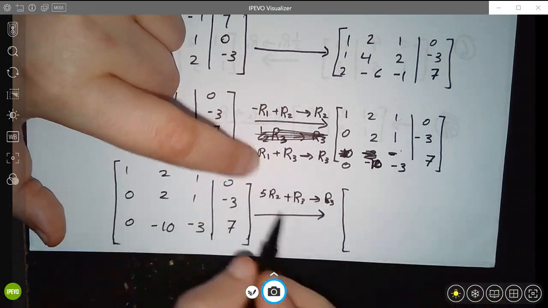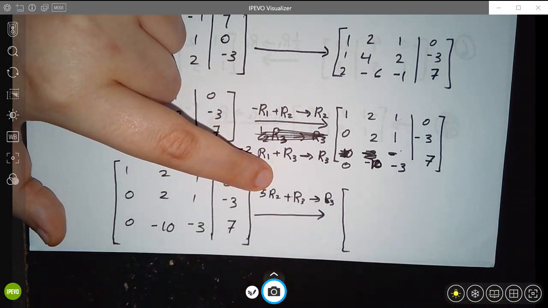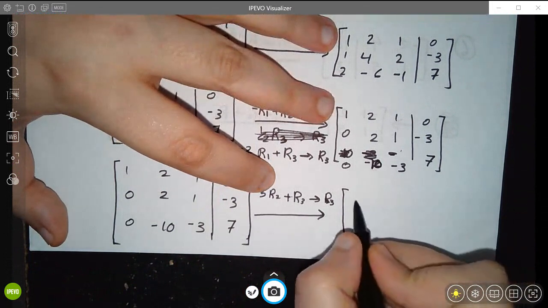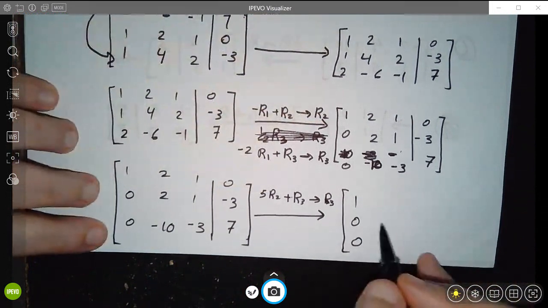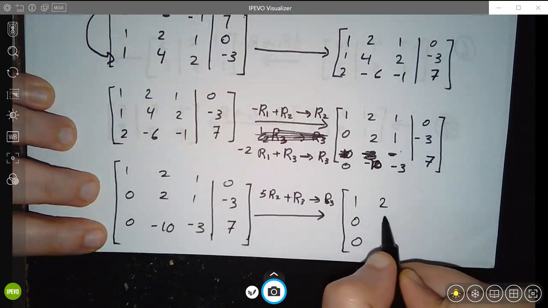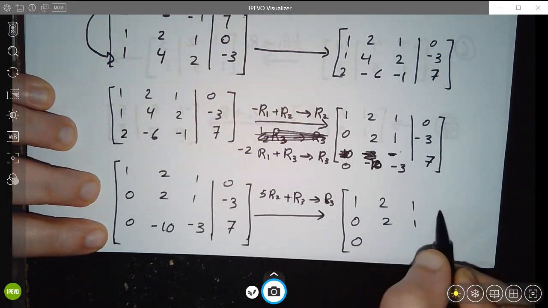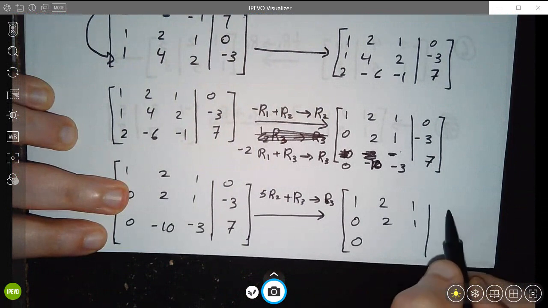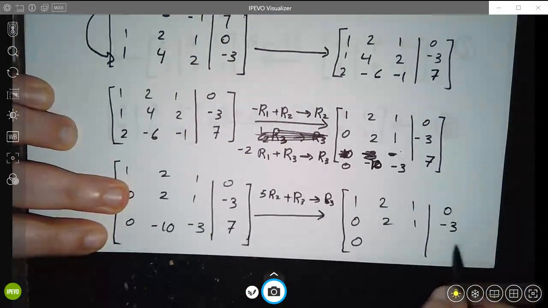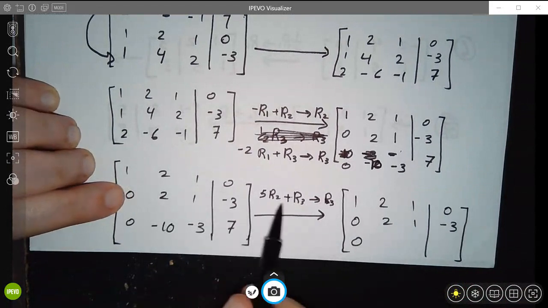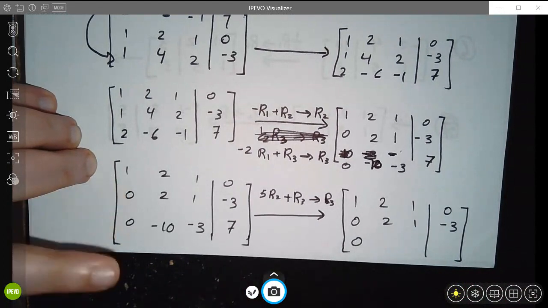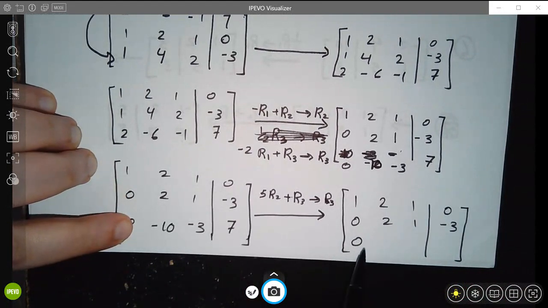So row 2 times 5 plus row 3 is the new row 3. So 1, 0, 0. Those are not going to change. 2, 2, 1, 1. Those are the first two rows. Wrote them down because I'm not touching those. Only row 3. Okay, so 0 times 5 is 0 plus 0 is still 0. So we're good.